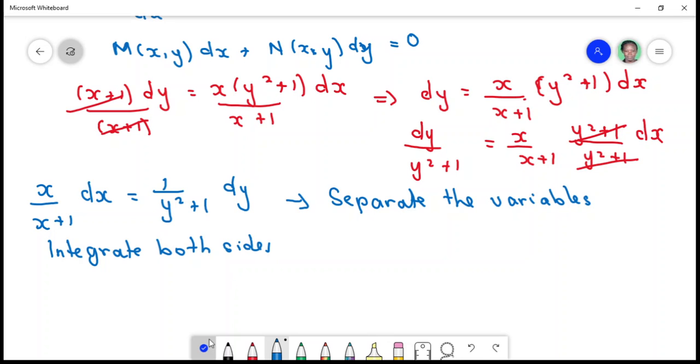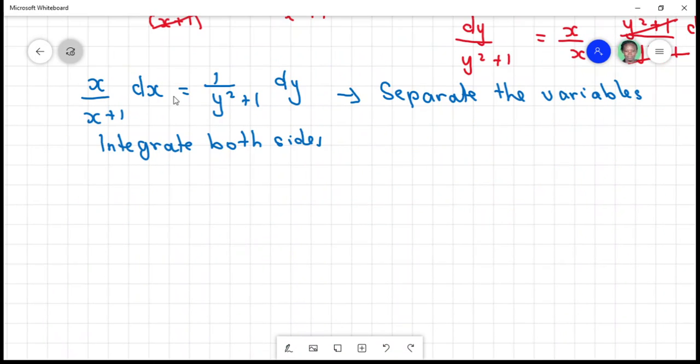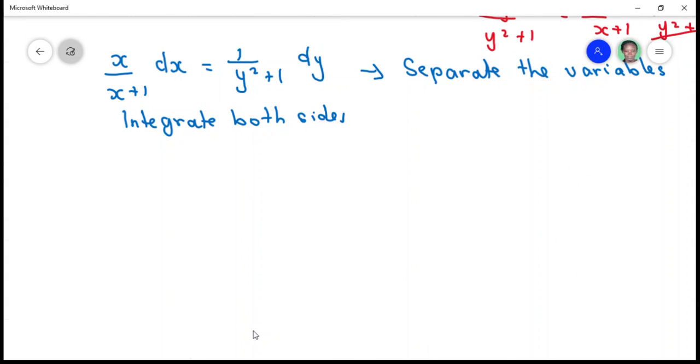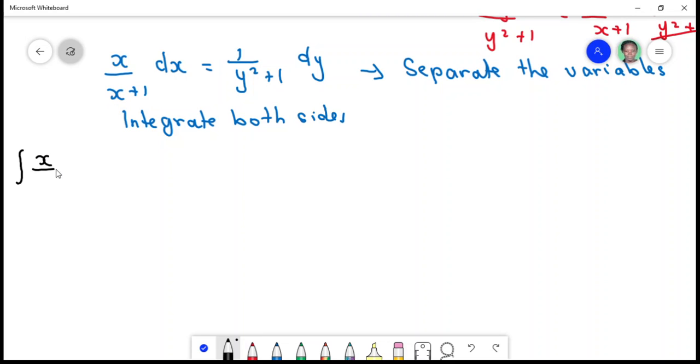So I have the integral of x over (x plus 1) dx equal to the integral of 1 over (y squared plus 1) dy.